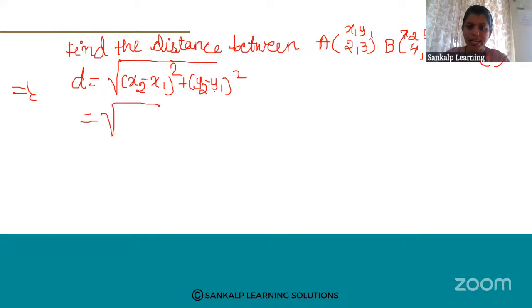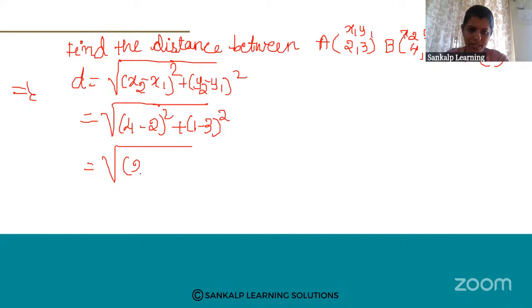Now the x2 value is 4 and the x1 value is 2 whole square, plus the y2 value is 1 and the y1 value is 3. 4 minus 2, that is 2 square, plus 1 minus 3, that is minus 2 whole square. So 2 square is 4 and minus 2 square is also 4. So 4 plus 4, that is 8. Okay, so square root of 8.